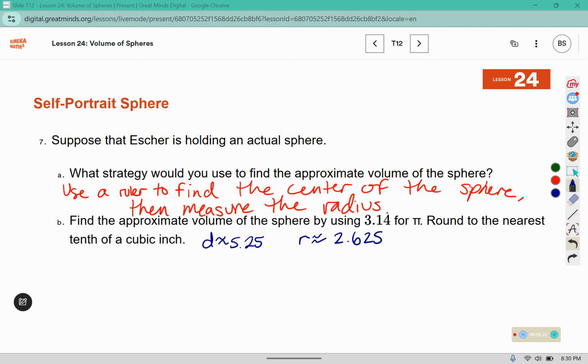And we're going to use that to help us find the volume. 4/3 of the radius cubed times pi, but it says we're using 3.14.